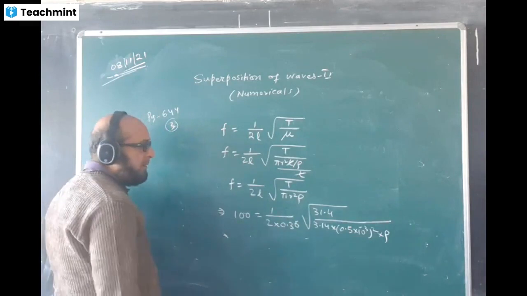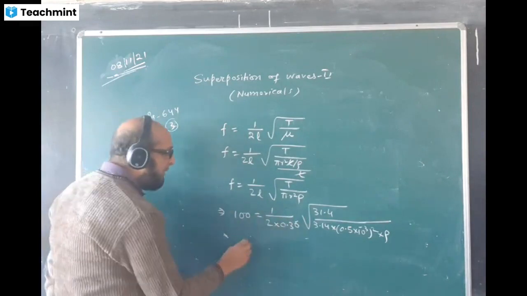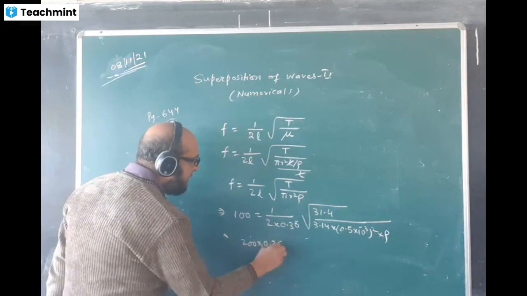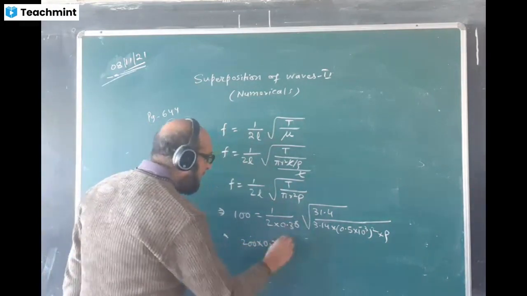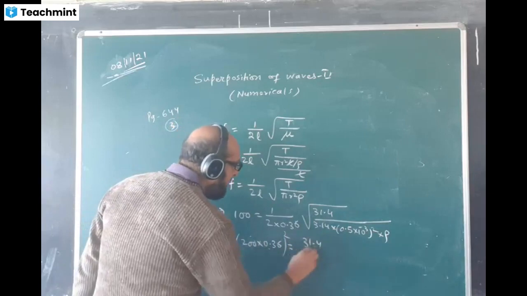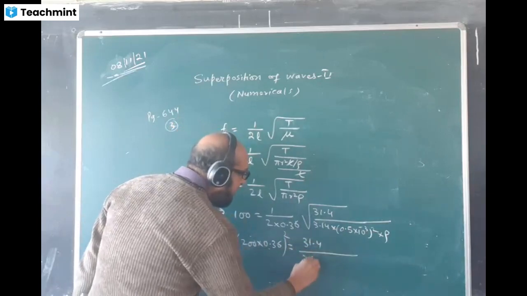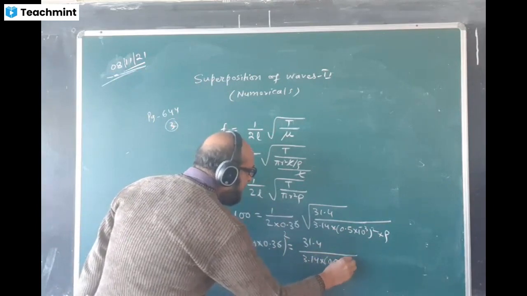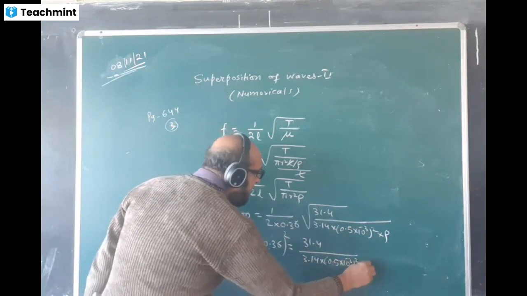We will calculate. Do cross multiply, this will come 200 into 0.36 is equal to, I'll square it so the root will go, 31.4 divided by 3.14 into 0.5 into 10 to the minus 3 whole square into rho.